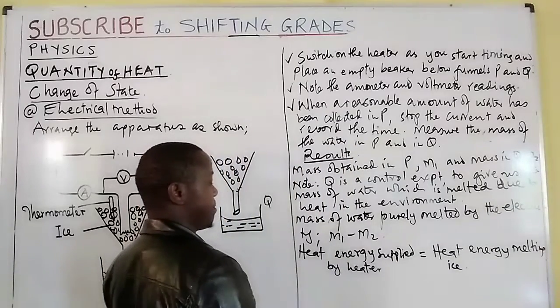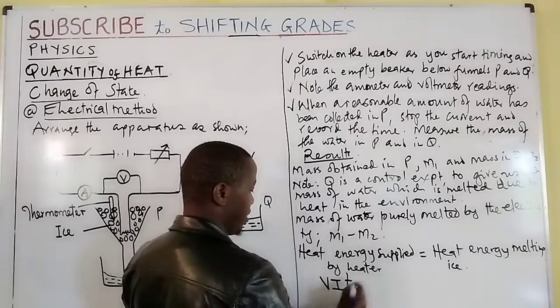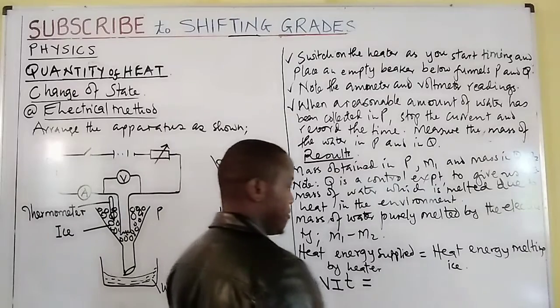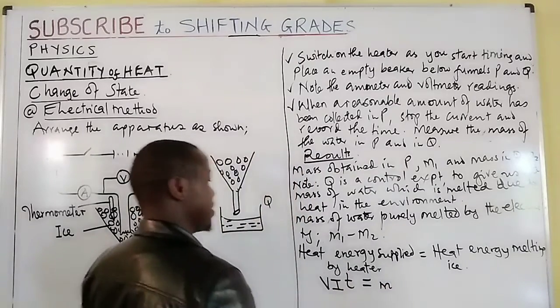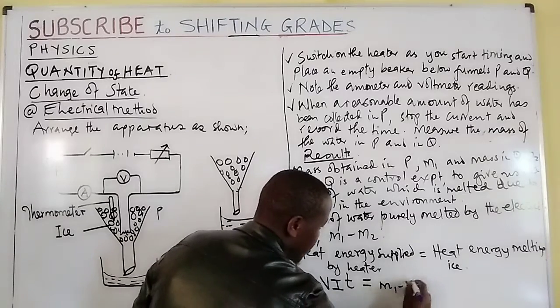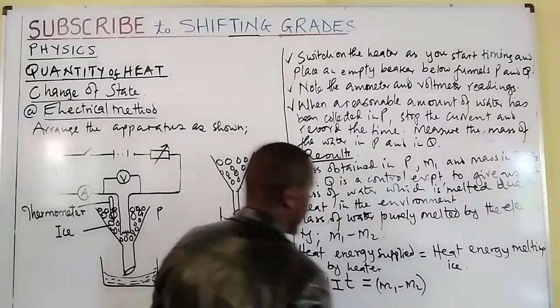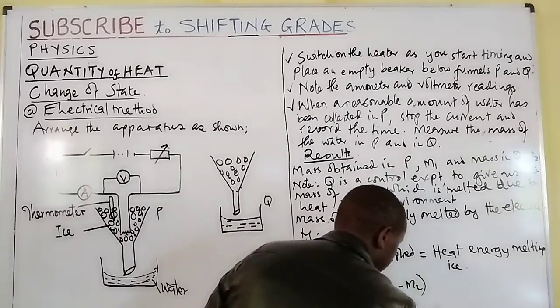Because we measured the voltage and the current, which give power, and we recorded the time of the experiment, it will be equal to the heat energy for melting the ice. Because there is no change in temperature, it will be mass, which is M1 minus M2, times the specific latent heat of fusion of ice.